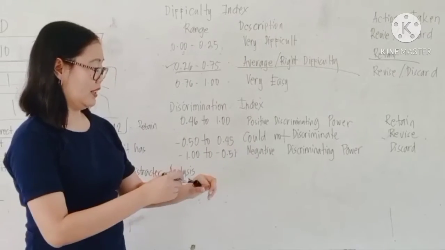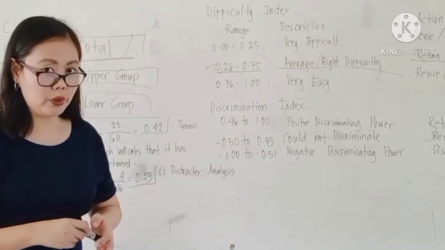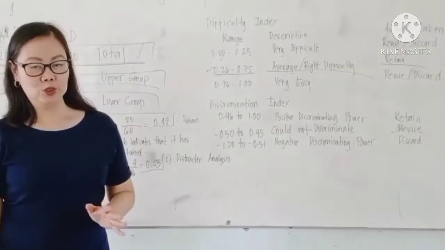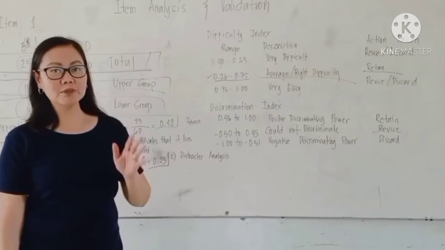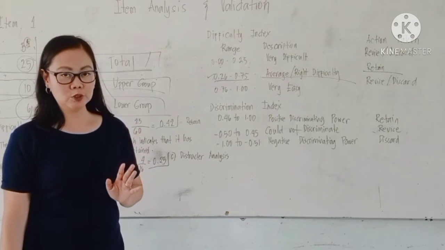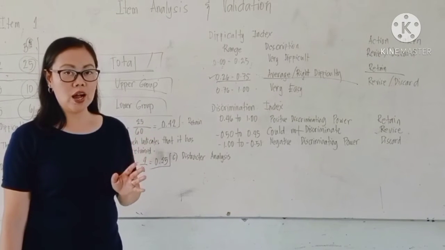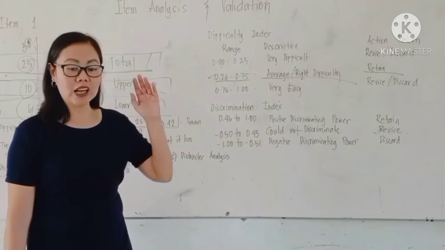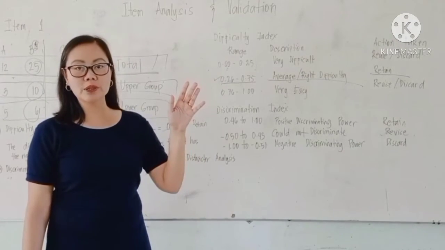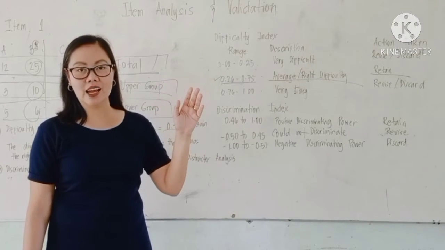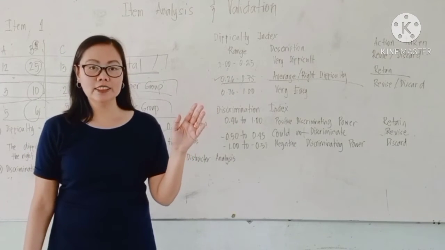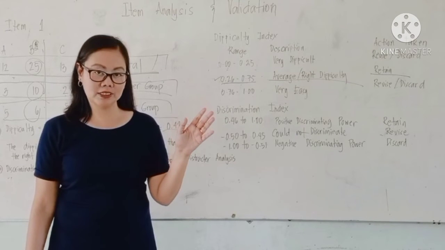Anong ibig sabihin ng positive discriminating power? Pag nag-take kayo ng lead exam, alalahanin dito. Kapag positive ang discriminating power, ibig sabihin, mas maraming estudyante ang nakakuha ng tamang sagot sa upper group. Ibig sabihin, dun sa mga nag-aral, dun sa mga natuto, mas marami sa kanila ang nakakuha ng tamang sagot. Kaya siya tinatawag na it discriminated positively.